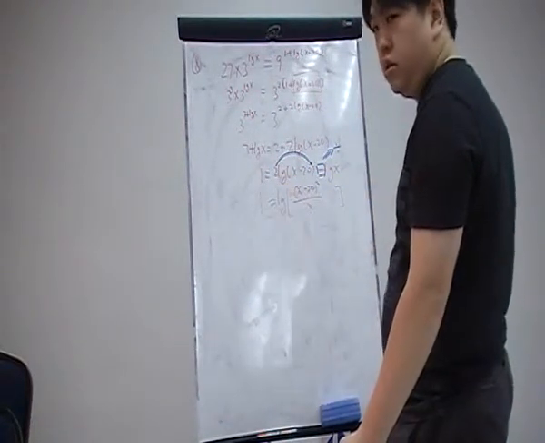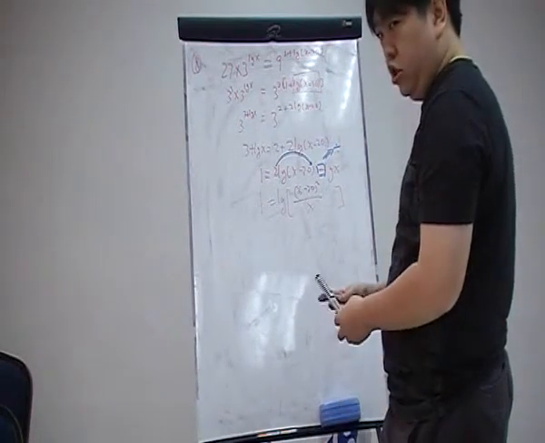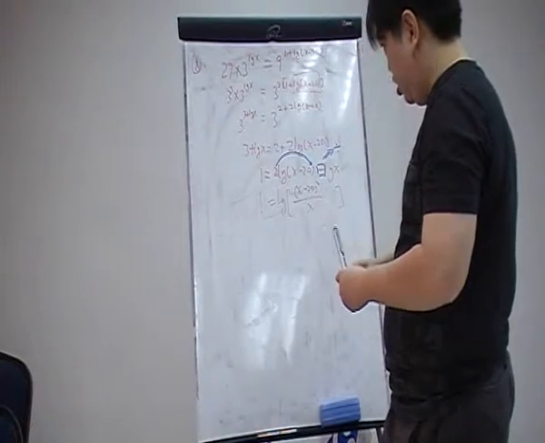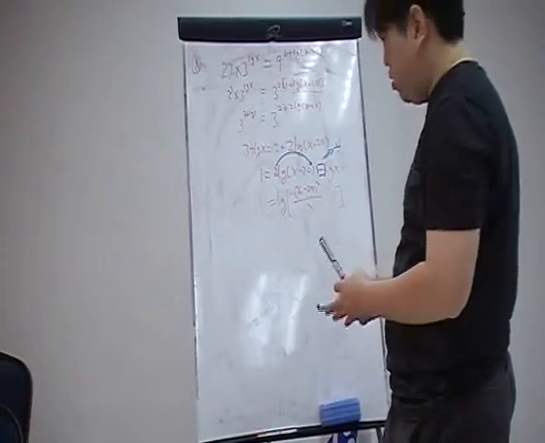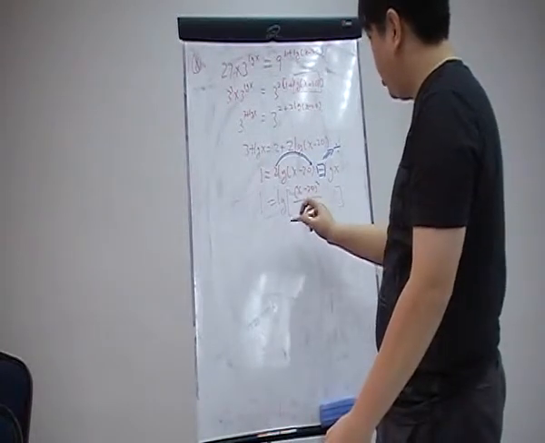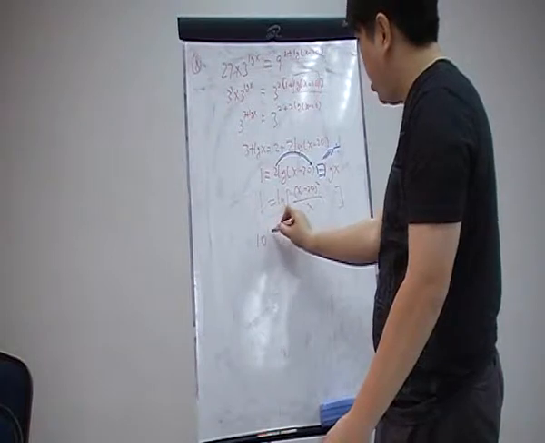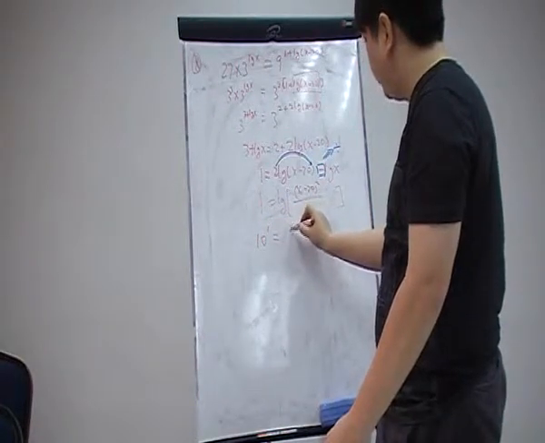Make sense? Okay, good. So what do I have? Okay. This means log base 10 equal to something, so 10 to the power of 1 equal to a bunch of things.